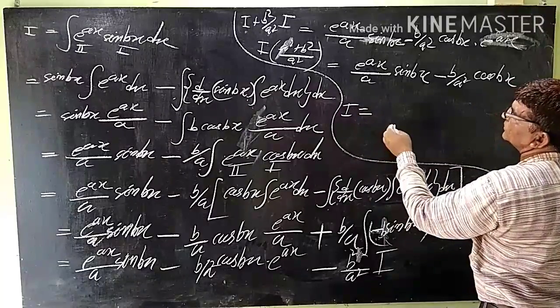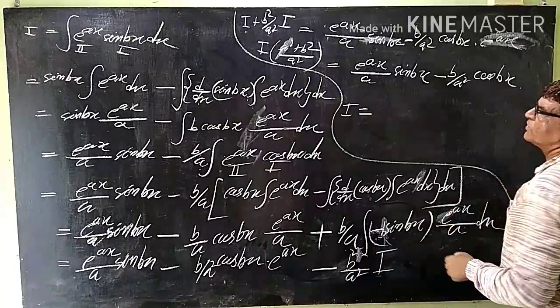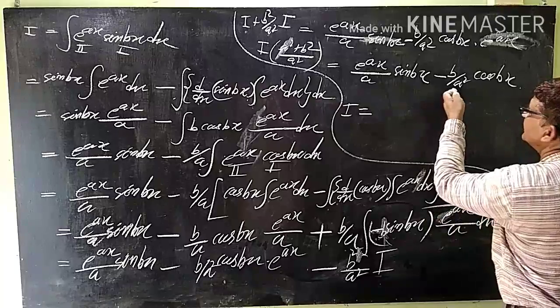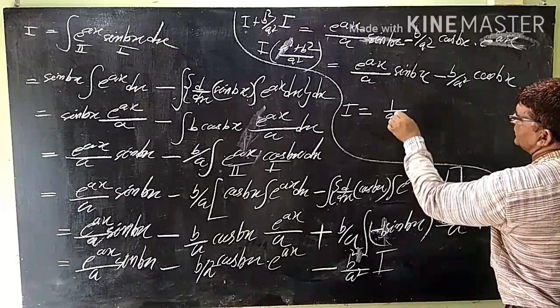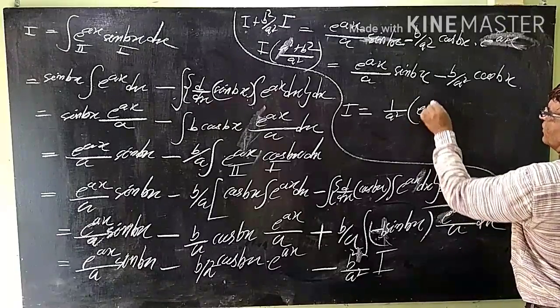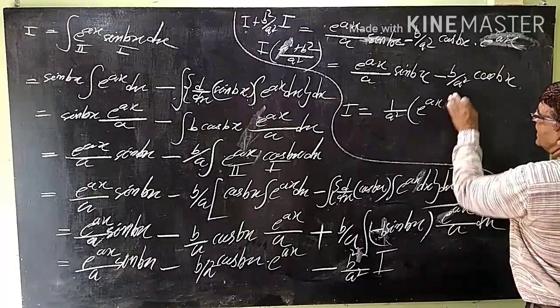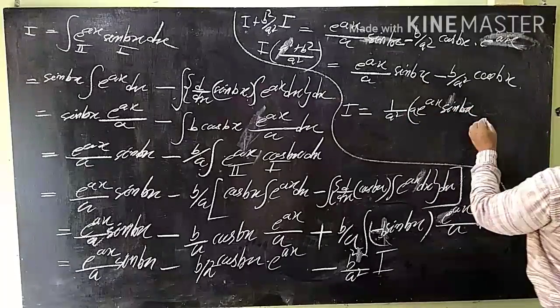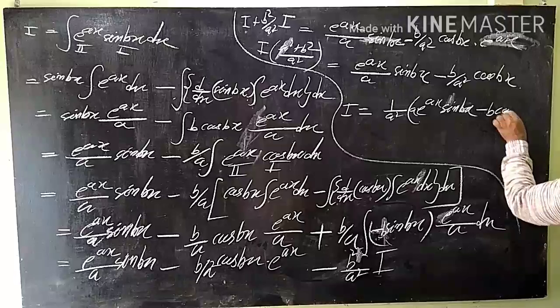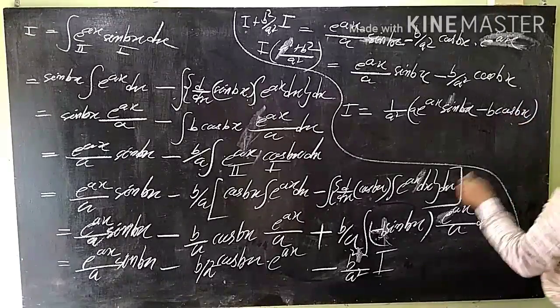I equal to, we have to multiply it by taking a square common, 1 upon a square power of e ax sin bx into a minus b cos bx.